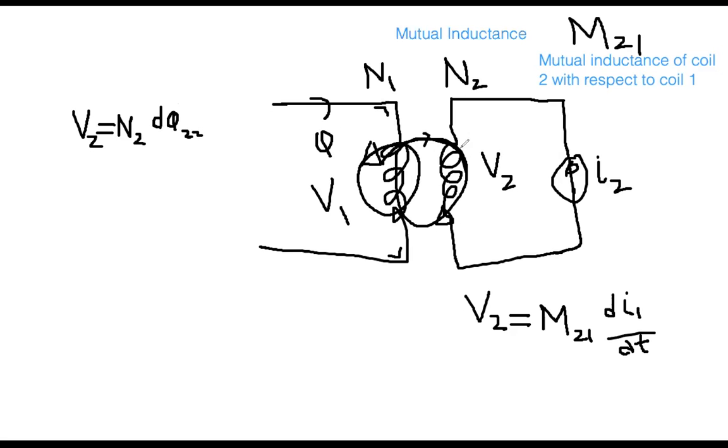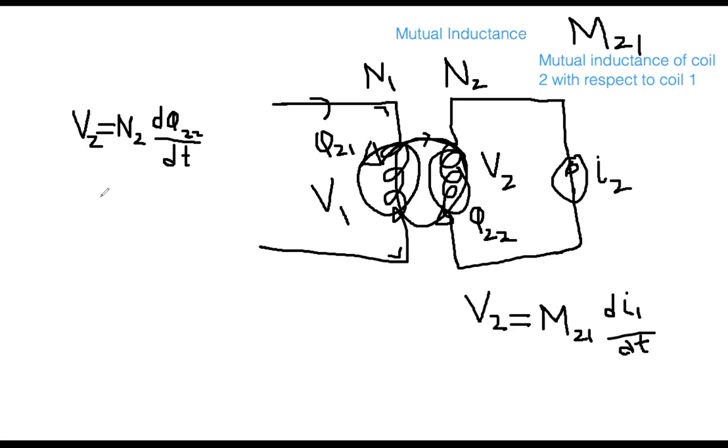There will be one flux, which this time you will call phi 2, the self flux or the leakage flux of coil 2, and then there will be phi 21. In the previous case we gave the name of the common flux phi 12. This time we are giving the name of the common flux phi 21, and that phi 21 will cause voltage on this coil. That voltage is V1. And once I applied the current I2, that caused self flux, which is phi 22. So that's why I'm writing V2 equals N2 d phi 2 by dt.